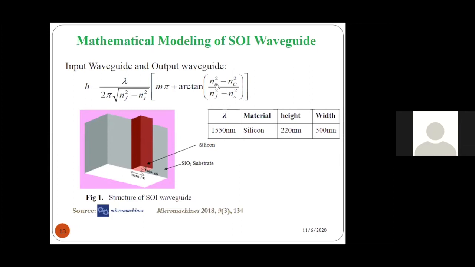Here NS stands for substrate index, NC is the cover layer index, and NF stands for the film index. Here the film is the guiding layer, that is silicon. We should know all these refractive index values, and we should know the wavelength we have to design for.